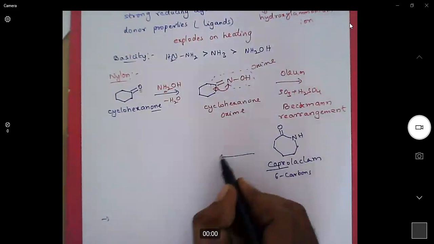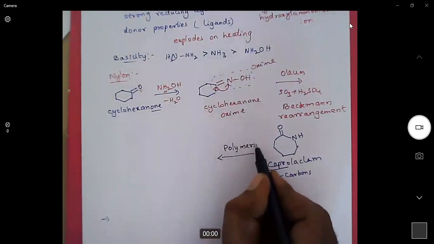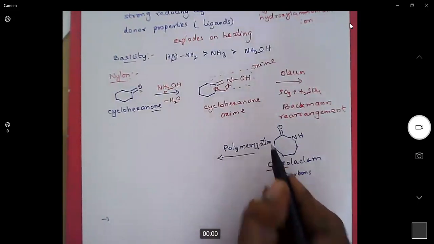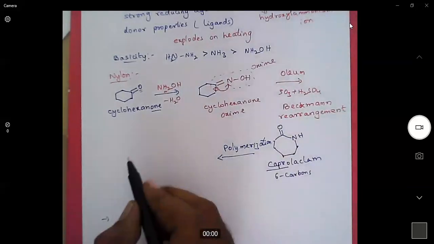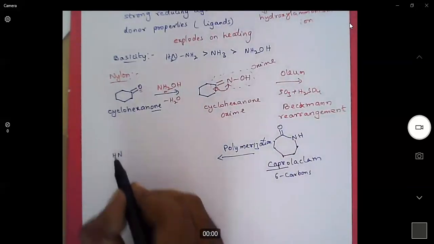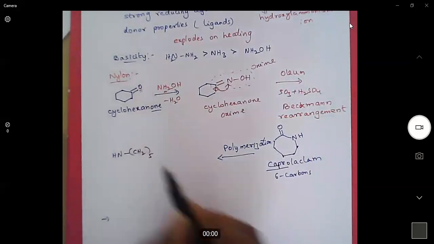When caprolactam is made to polymerize, it generates nylon 6. Look at the carbon chain. 1, 2, 3, 4, 5, 6 carbons are there. So this generates NH, CH2 five times.